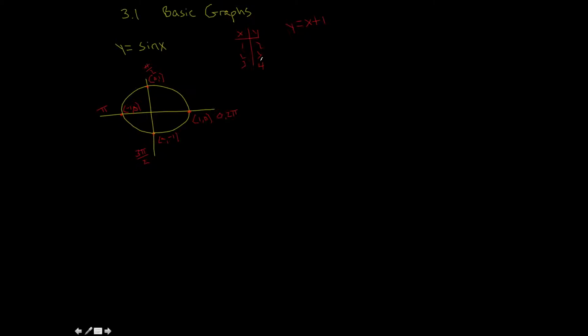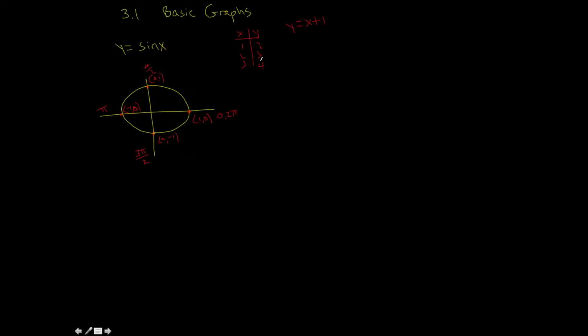You determine your x's, which in this case x can be anything for sine, because when we start talking about sine x, you've got to think about what your domain is here. As you go around this unit circle, sine is going to be defined everywhere.